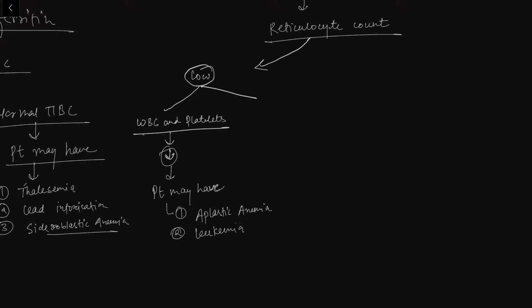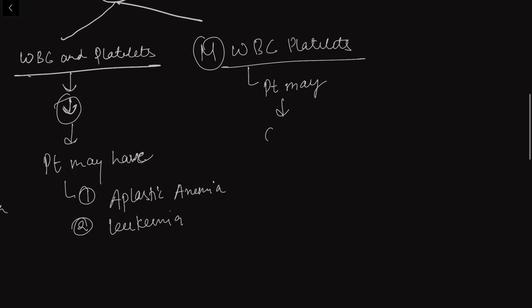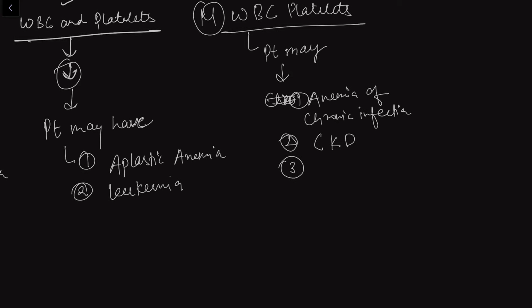If reticulocytes are low but WBC and platelets are normal, then the patient may have anemia of chronic infection, or chronic kidney disease or any chronic inflammation, or may have malignancy.